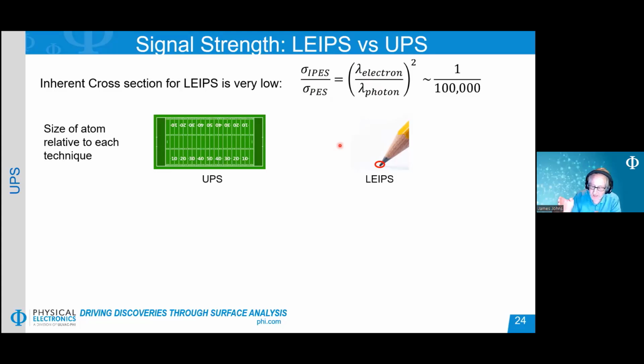It's just a lower probability that when you shoot an electron in, you'll get a photon out than shooting a photon in and getting an electron out.